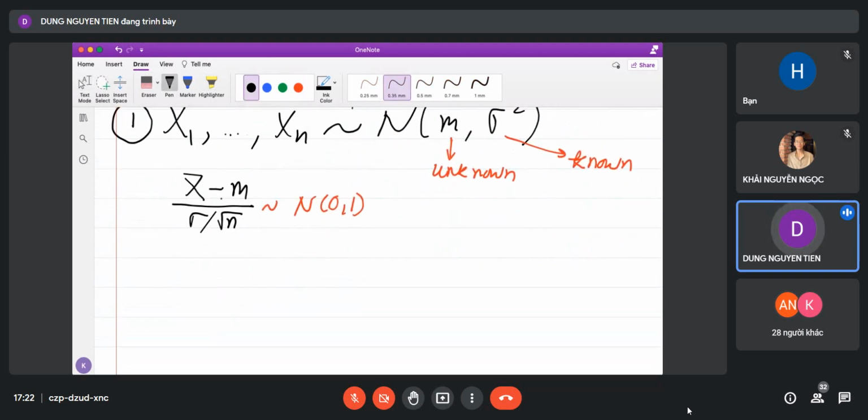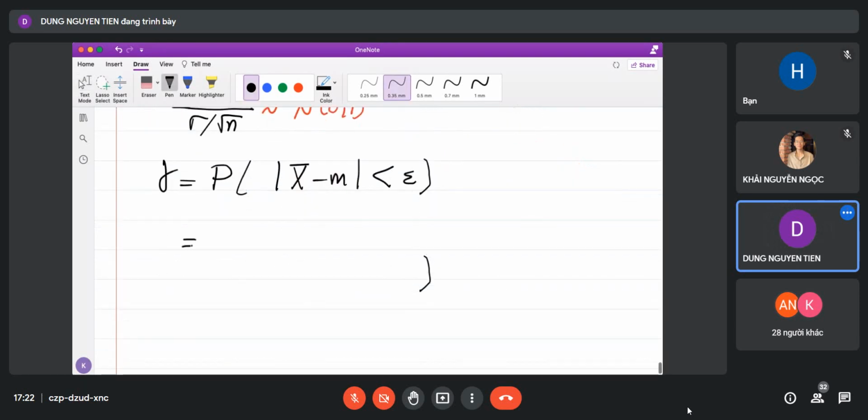So if you know (h bar minus m) over (sigma over the square root of n) follows the standard normal distribution, then gamma is the probability that the absolute value of h bar minus m is less than epsilon. That is the probability that (h bar minus m) over (sigma over the square root of n) is less than epsilon over (sigma over the square root of n).